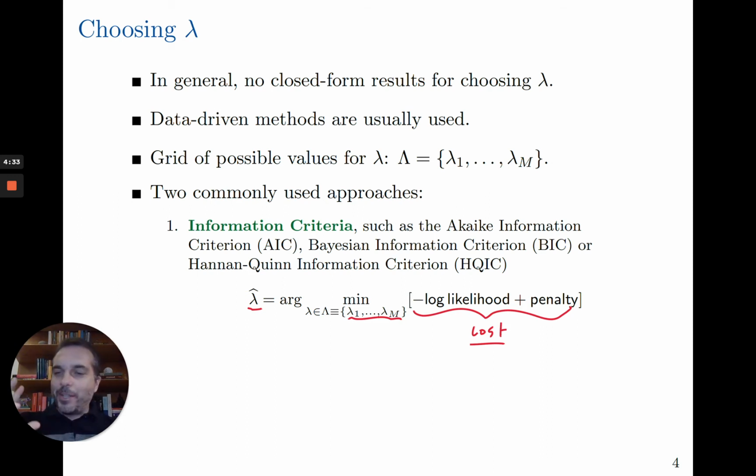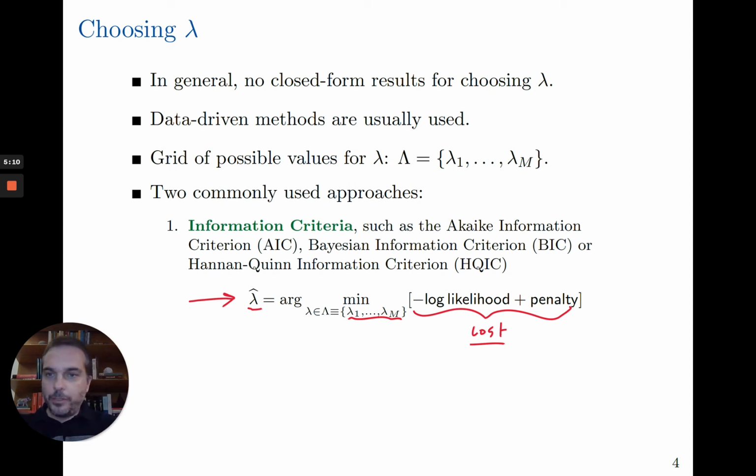It's a kind of weird thing because we are selecting the penalty term using another penalized optimization, but in this second optimization there's no second penalty term multiplying this penalty. We're going to see the specific definition of this cost function in the next slide.